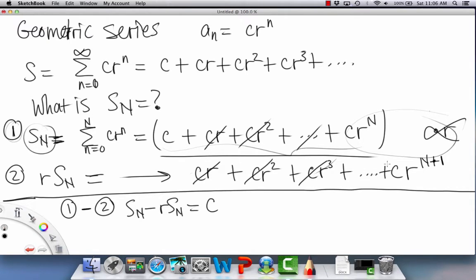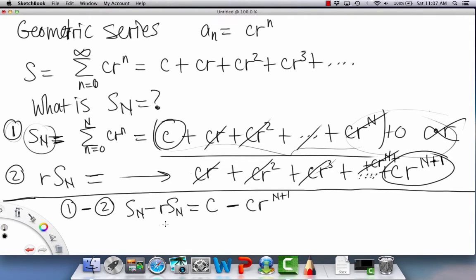And even though I didn't write it, in the dot dot dots here, you still have a CR to the N. That one comes right before this one, actually. So these would cancel as well, but then you have a 0 minus this last term here. So the C in the front and the minus CR to the N plus 1 are the only terms that survive in the calculations.